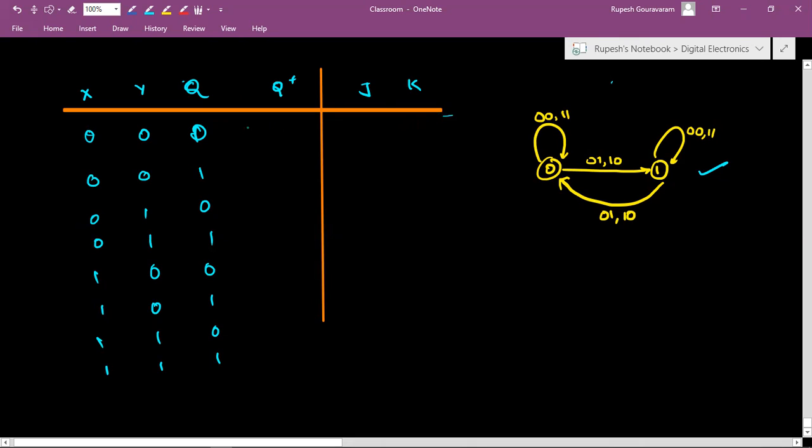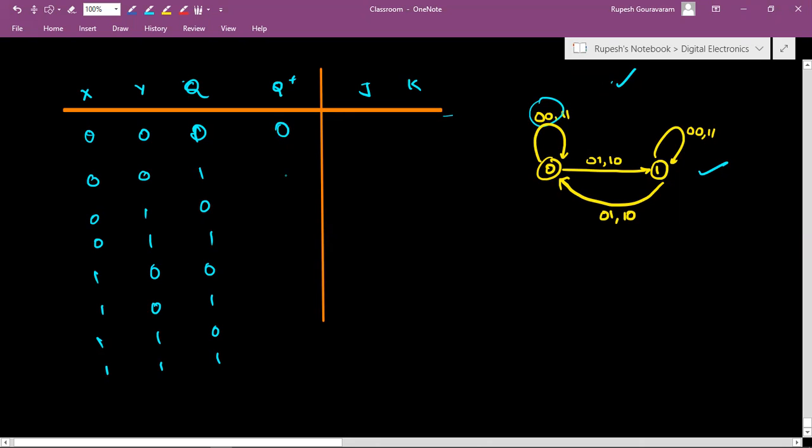So from the state diagram given here, if the value is Q, what is the next state that we have to get? So if x and y are 0 0 and the present state is 0, then the next state will be the same, 0.